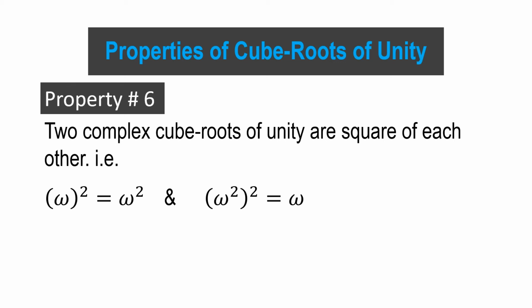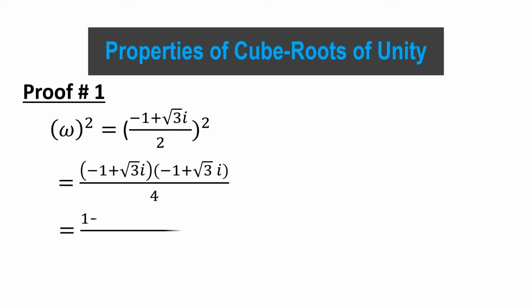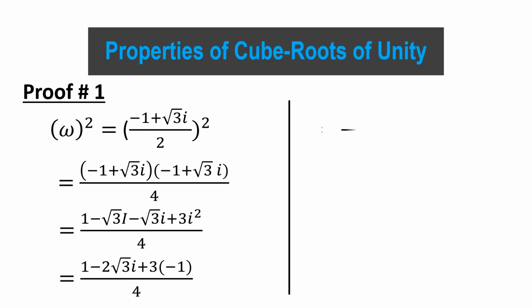Property number 6. Two complex cube roots of unity are square of each other. That is, square of omega is equal to omega squared and square of omega square is equal to omega. Proof number 1.